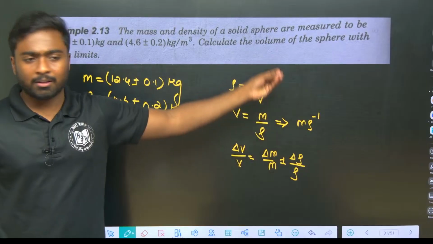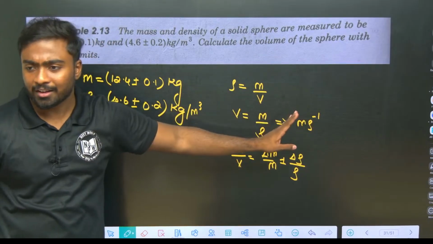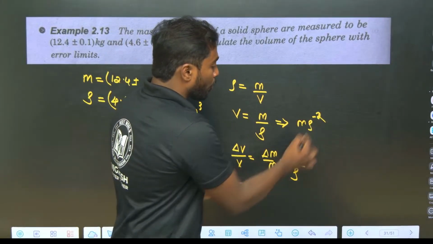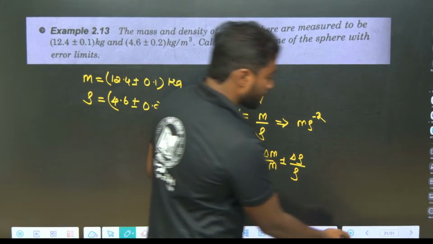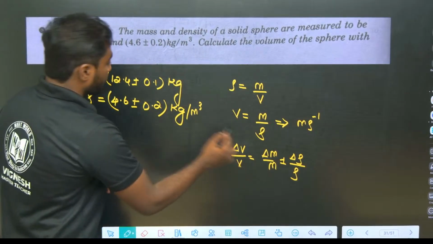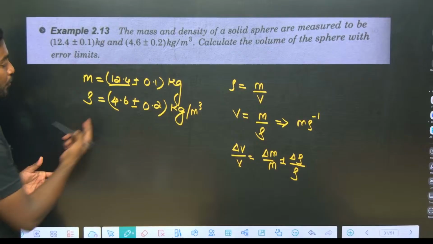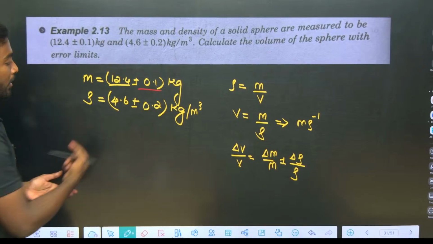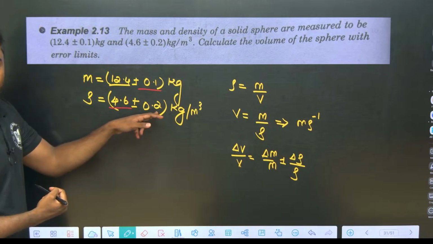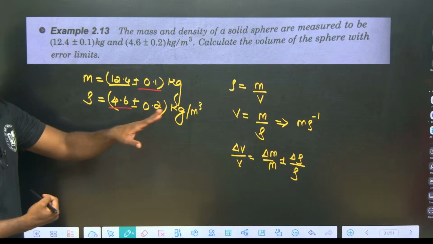Don't see the signs, the value whatever it is you can take here. Suppose if it is 2, multiply by 2, that's it. So what is the value here? Mass is given as 12.4, delta M is 0.1, density is 4.6, and delta rho is 0.2.